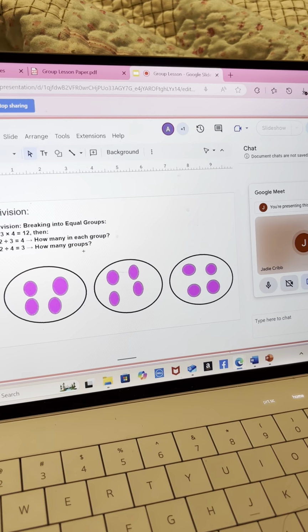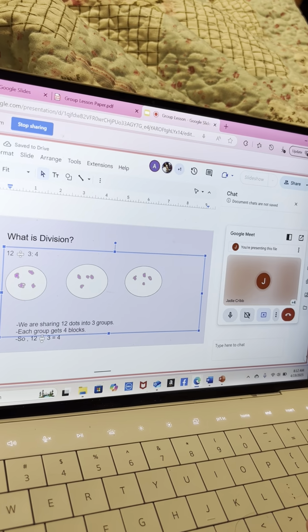So we are going to put 1 in each until we run out. So if we have 3 groups, we have 4 in each group. 12 divided by 3 is what? 4. Good job.